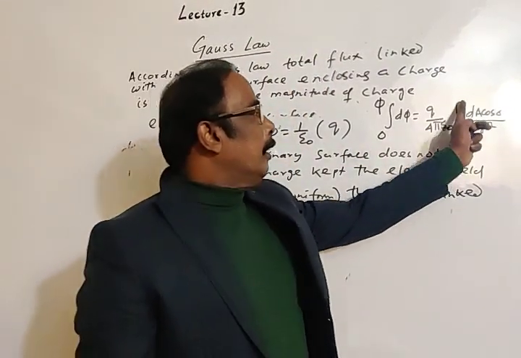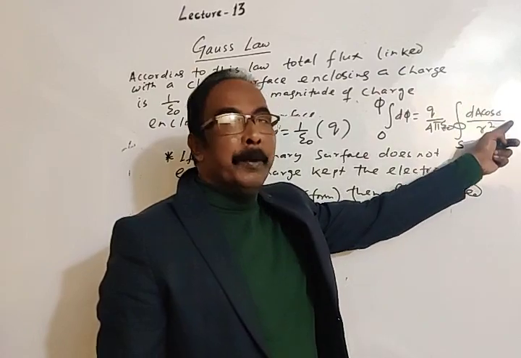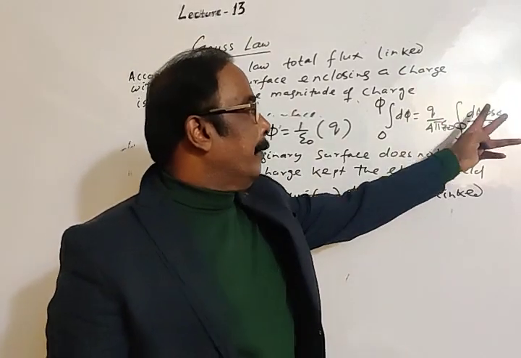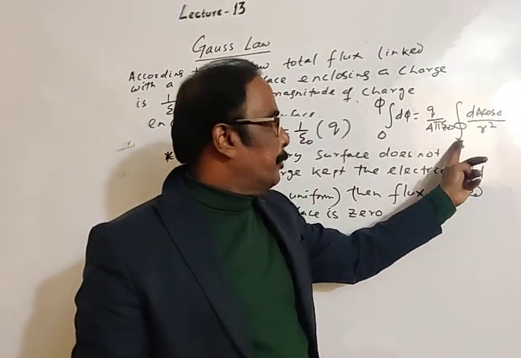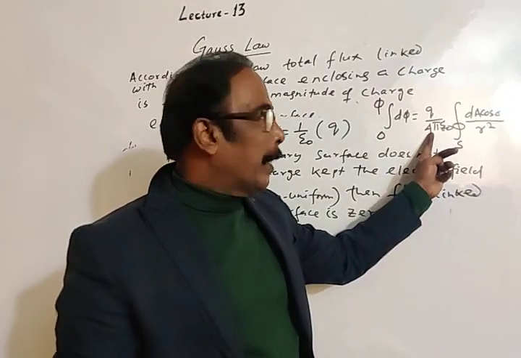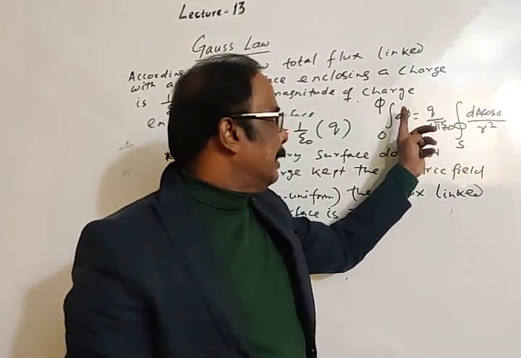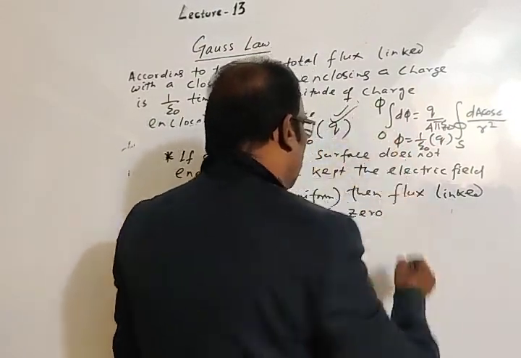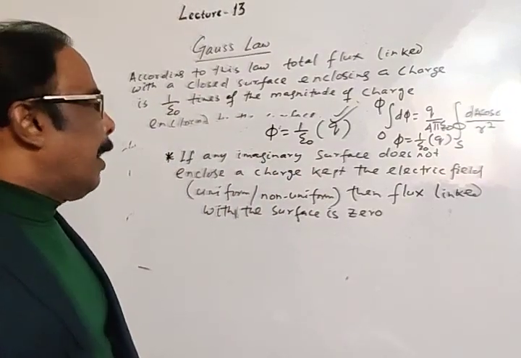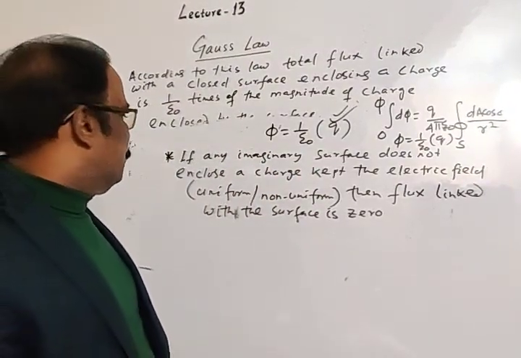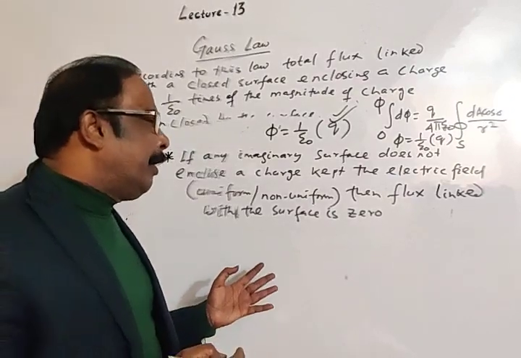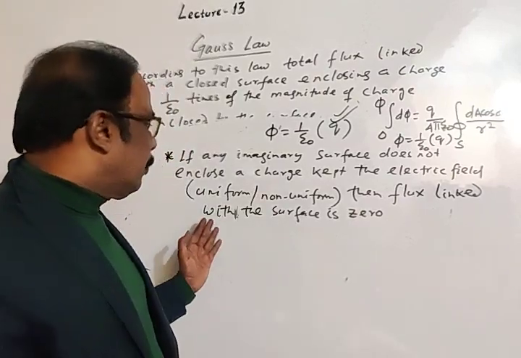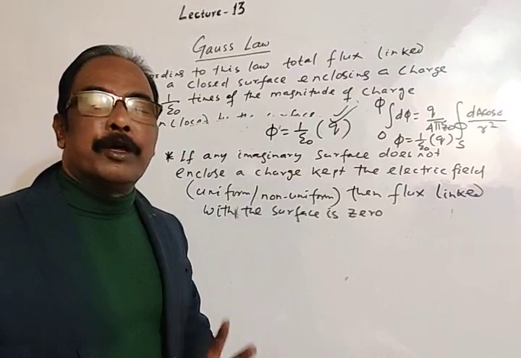If dA cos theta by r square is d omega, then for the whole surface we take the surface integral, which will become 4 pi. Surface integration of dA cos theta by r square will be 4 pi, and 4 pi will get cancelled, then flux will come 1 by epsilon naught times the charge enclosed as per Gauss law. But here we are discussing if any imaginary surface doesn't enclose a charge kept in an electric field, maybe uniform or non-uniform, then total flux linked with the surface is 0.